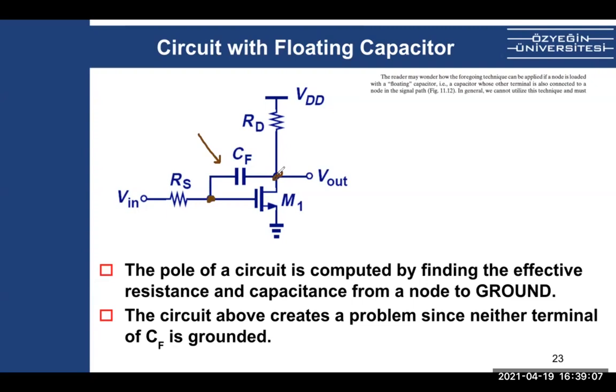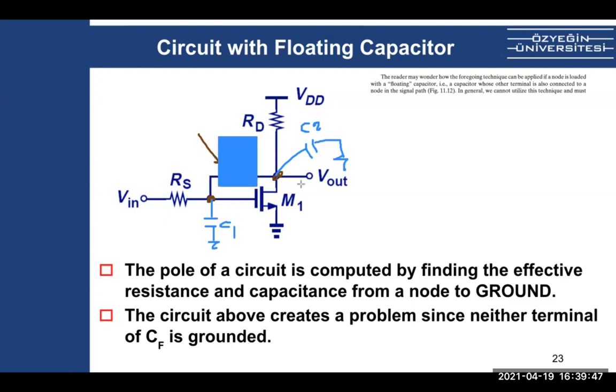So in such cases, this genius guy called Miller, I forget his first name, says we can make an equivalent circuit, just as we always do, like Thevenin. But now it's a Miller equivalence. This equivalent CF can come here as C1 and a part of it can come here as C2. And we basically disconnect the actual cap.